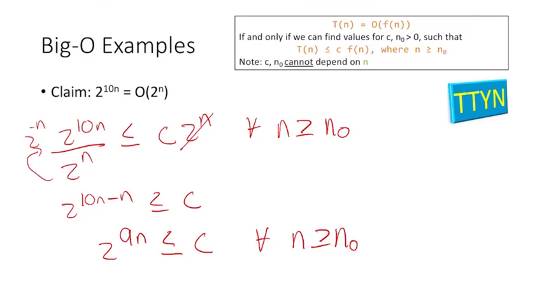Well, our claim was that 2 to the 10n is big O of 2 to the n, and it's not, because we cannot find a value for C that makes this inequality hold. Because no matter what you pick for C, if you increase n, C no longer is greater than the left-hand side. So this claim is not true. So we would say 2 to the 10n is not big O of 2 to the n.